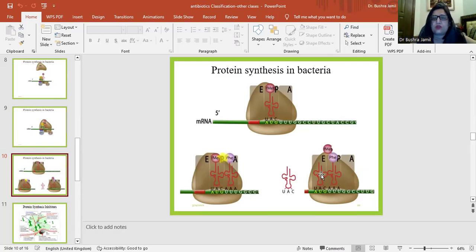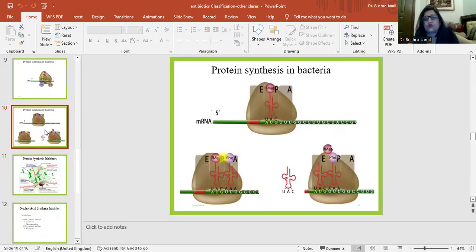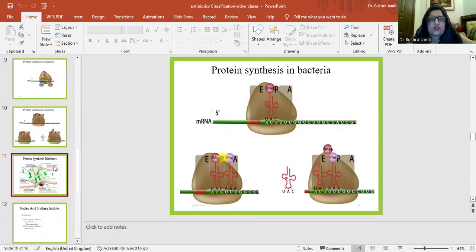So that's how the peptide chain is formed, and ultimately the stop codon is reached. When the stop codon is reached, because there is no anticodon to the stop codon, the growth of the peptide chain stops, and that's how the polypeptide chain is formed during the translation step.